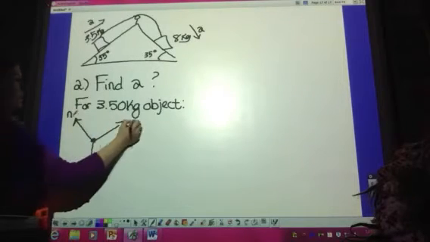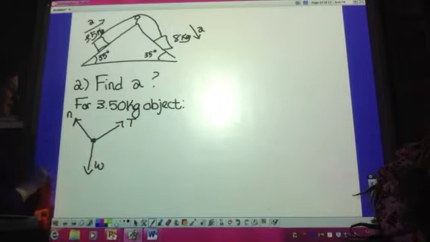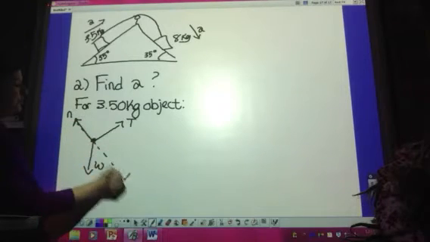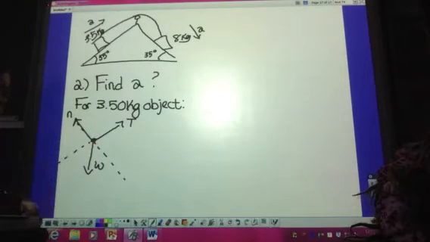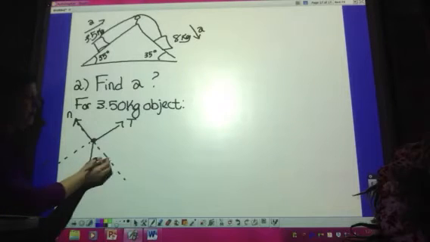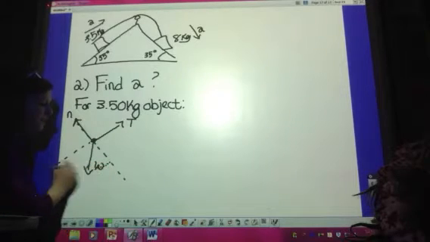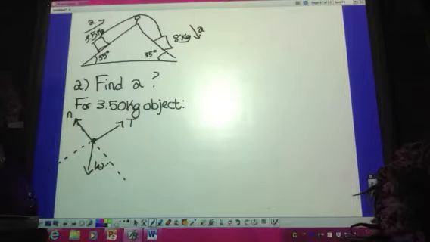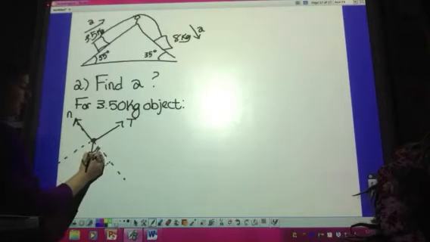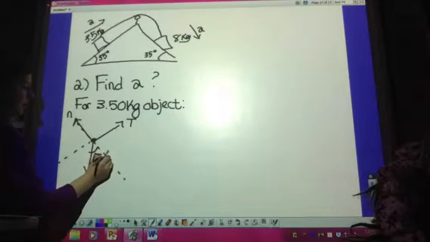Okay, so normal, tension, weight. I will show my axes slightly slanted, and that makes my weight force broken into components. So I know that my angle is at 35 degrees, right here.